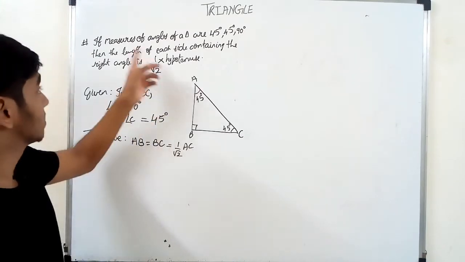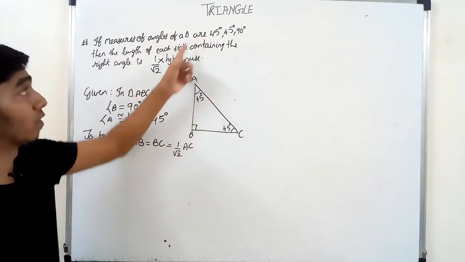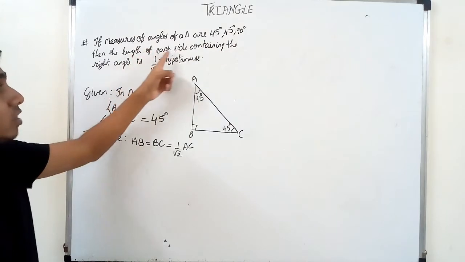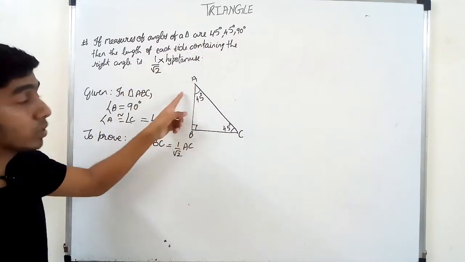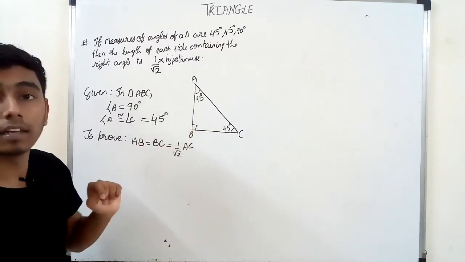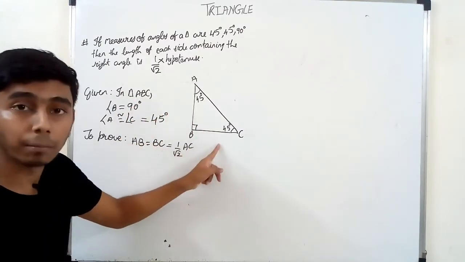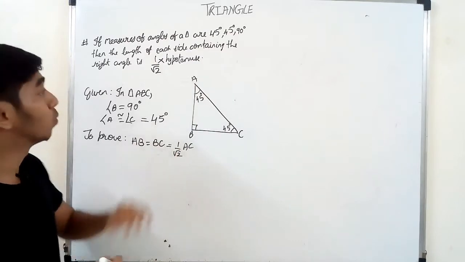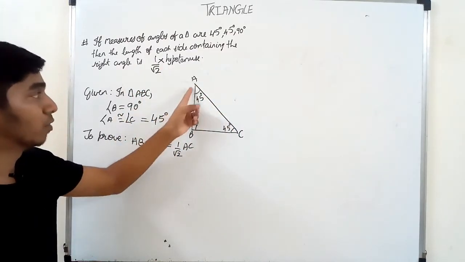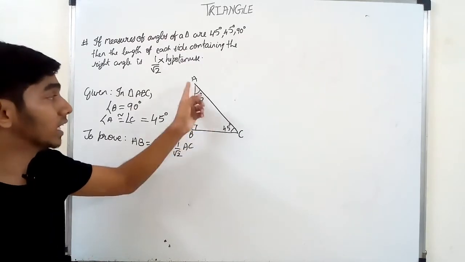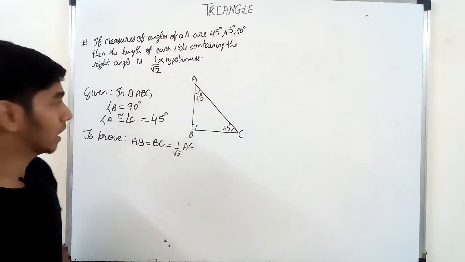So the theorem says if the measures of the angles are 45 45 90, then the length of each side containing the right angle, there are two sides here containing the right angle, and we have to prove that both of them are equal to 1 by root 2 of the hypotenuse. So we have to prove that this and this both are equal to 1 by root 2 of AC, correct?